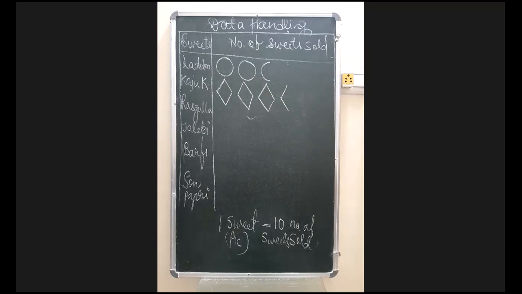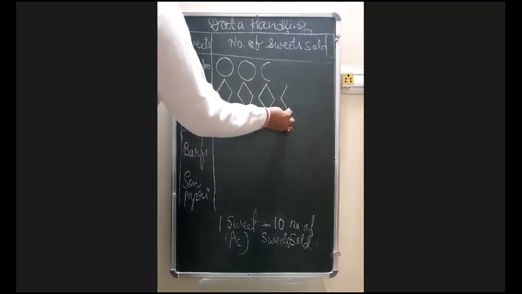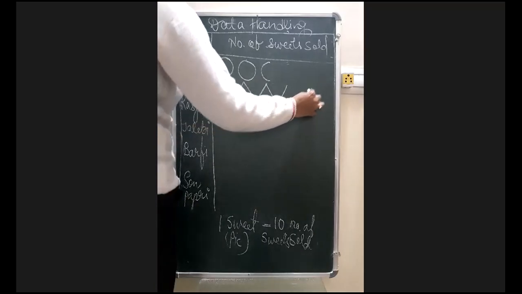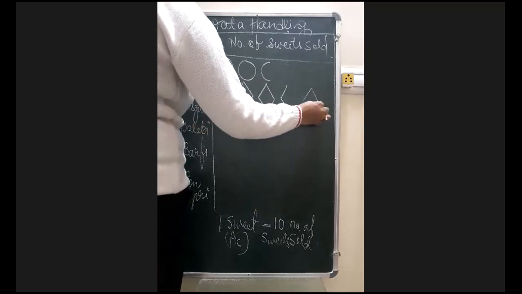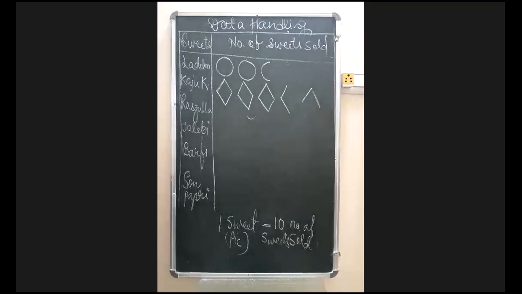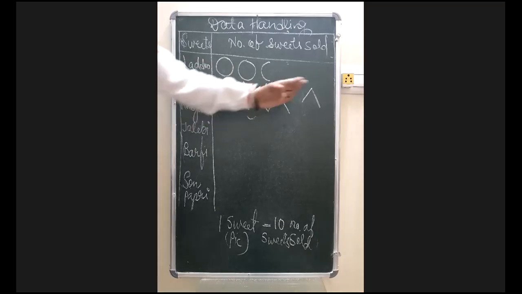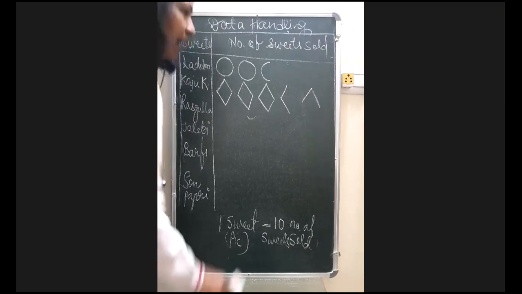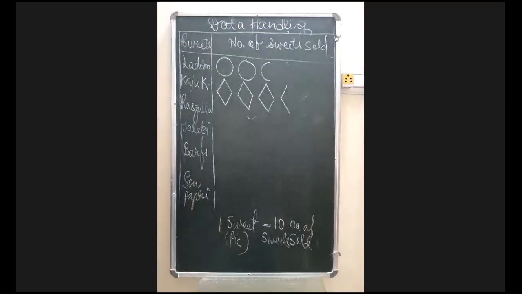Half we are drawing, so it's 35 now. Always remember, you can also represent the half in this way. This is also called 35. If you want to draw it in this way, that is fine, and if you want to draw it in that way, that is also fine. Now as I have already drawn, I am going to rub that one. So this is now 35.